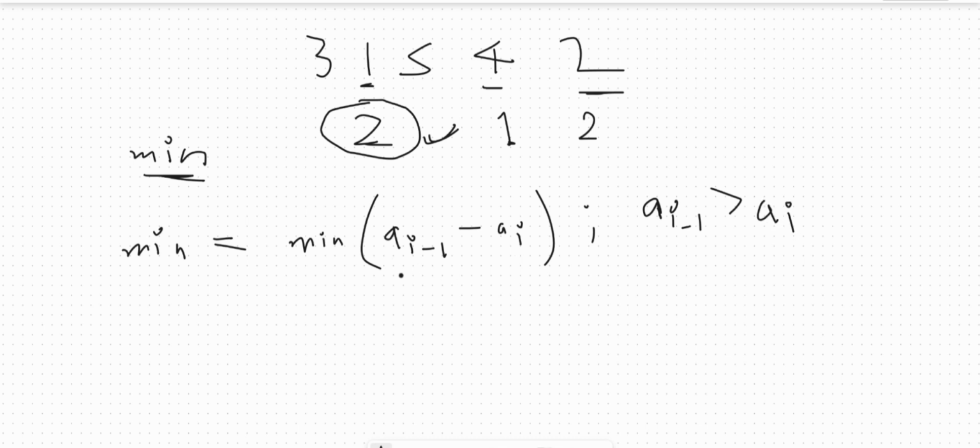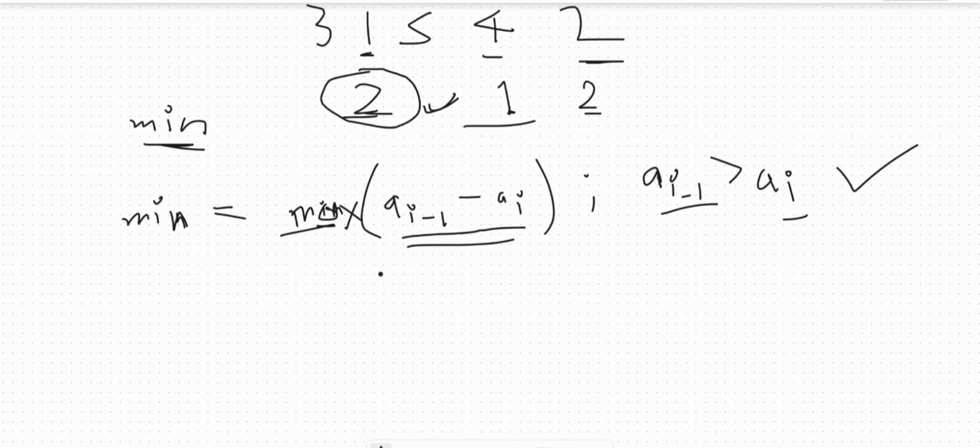Right, we'll take the minimum of all those differences. This is the minimum value we must, oh sorry, this is the maximum, right? We took the maximum here. So this starting value that we must increase all of the indices by is the maximum value of all these differences such that ai minus 1 is greater than ai. That we decided. Now how do we decide the upper limit? How do we decide the upper limit that we can choose?